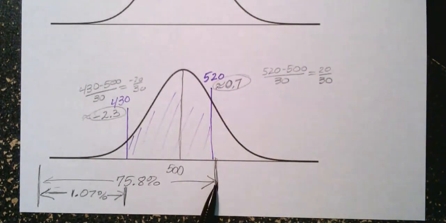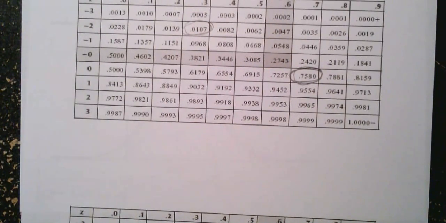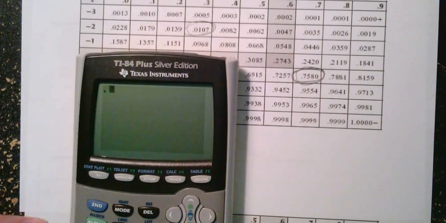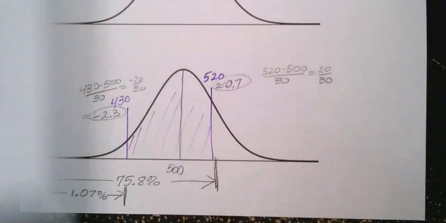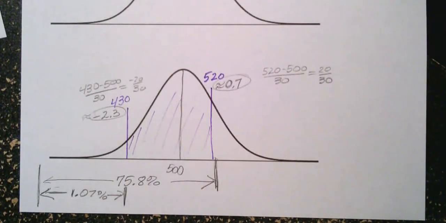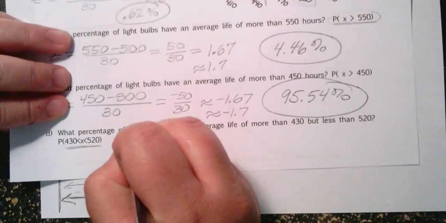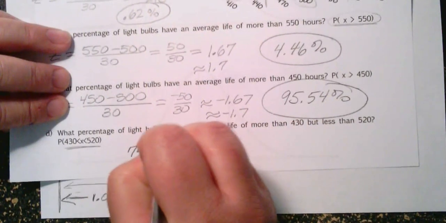So I'm subtracting 0.758 minus 0.0107, and I get 0.7473, which I can now change to a percent, 74.73%. And that is my answer.